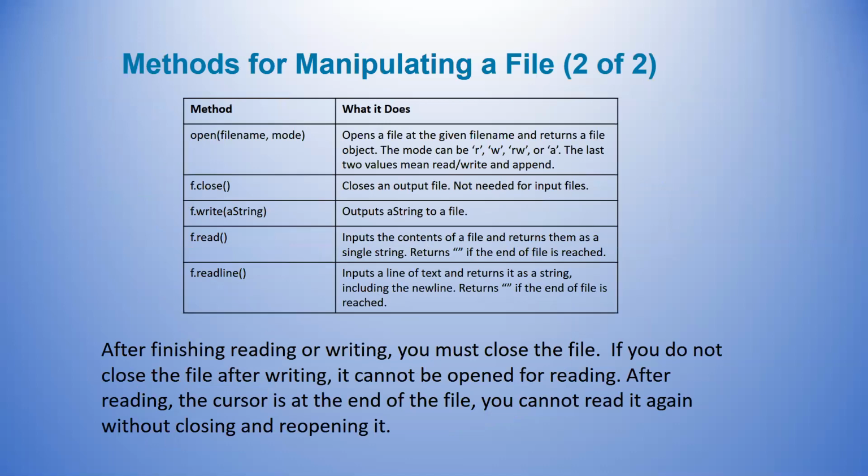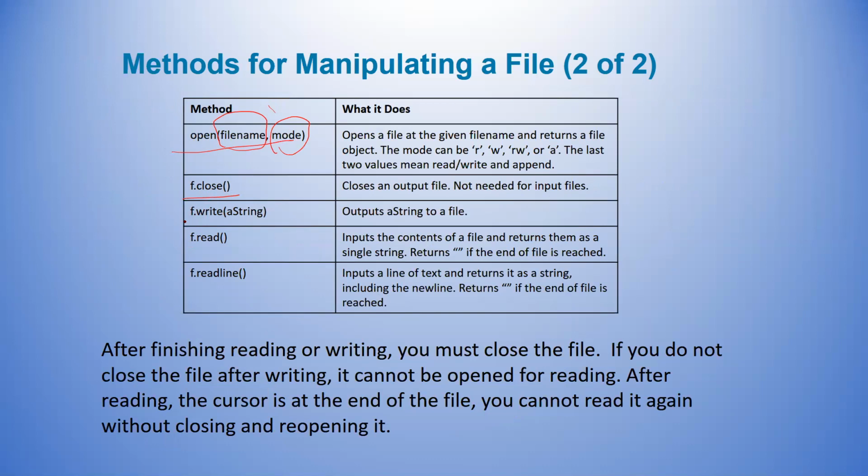Okay, methods for manipulating a file. And you are already familiar with this, right? Open, you see file name, mode, right? And close, you must close it. And write. Although it would be nice to reread this to get a review. Yes, read this so that you know it's a summary.